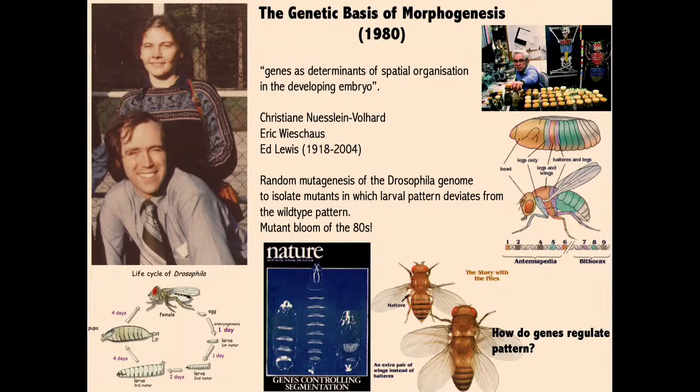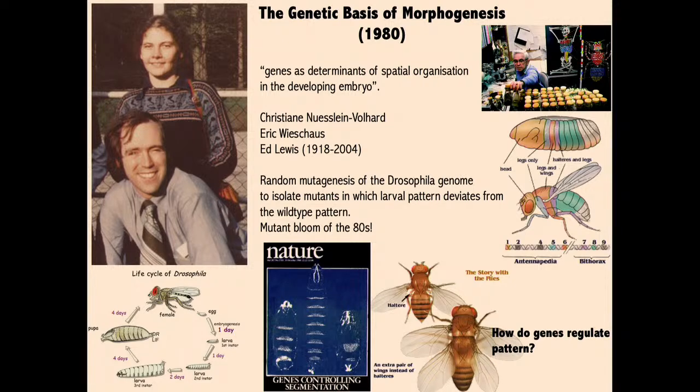And these people here, Christiane Nusslein-Volhard and Eric Wieschaus, performed perhaps the most interesting type of experiment in genetics, which is to randomly mutate the genome, with the hope that those mutations will affect the functions of genes, and then try and isolate mutants in which a pattern, in this case the larval pattern with all its segments, of which Shashidhara spoke a little bit, deviates from that of the wild type pattern.